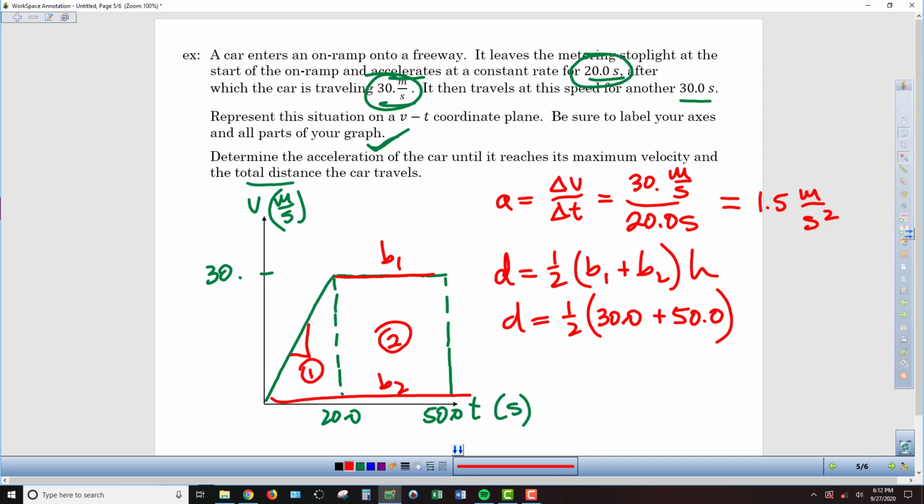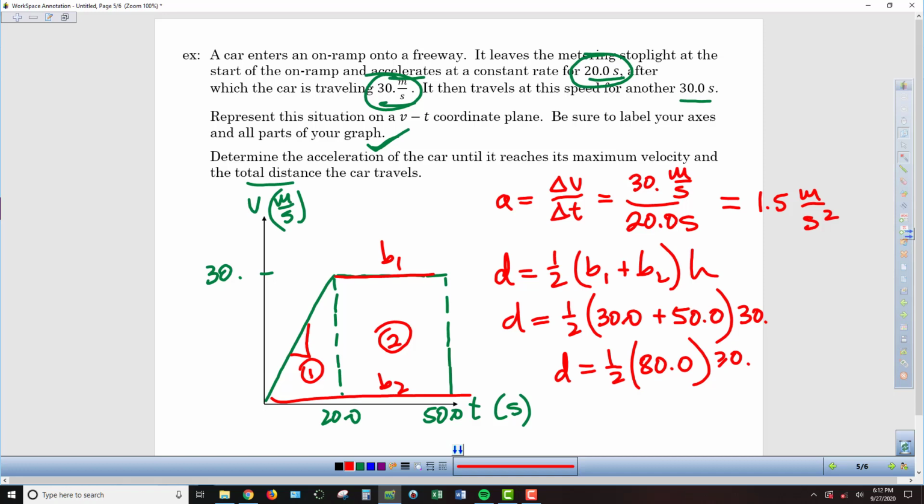And then our height of this trapezoid is the top speed at which we're traveling, so that's our 30 meters per second. So if we follow our order of operations here, we add these 2 together, we've got 80 total inside the parentheses there, times our 30 on the outside.